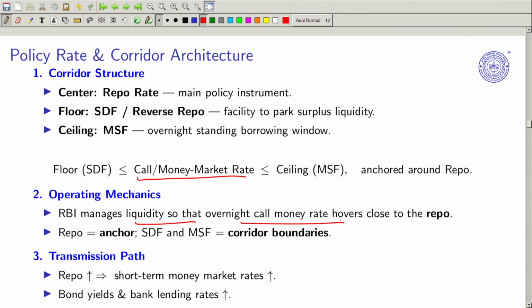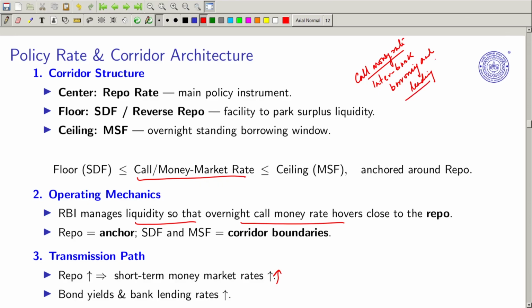What is the most important part? If the repo is increasing, then borrowing and lending in the interbank market or among other institutions is affected. For example, there are instruments like the call money rate, which deals with interbank borrowing and lending, right.